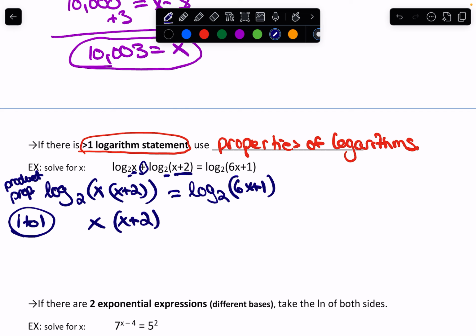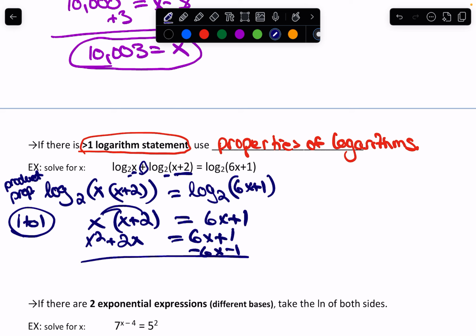So we can take the arguments and just write those equals 6x plus 1. We're going to distribute the x, so we get x squared plus 2x equals 6x plus 1. We're going to subtract 6x and 1 from both sides. And we get x squared minus 4x minus 1 equals 0.